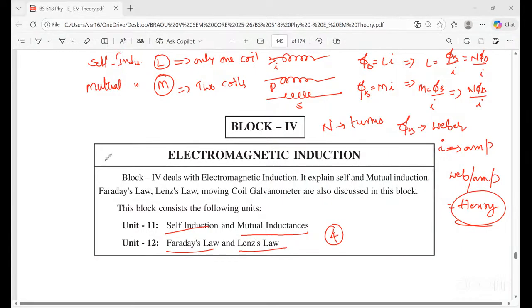And so that inductance may be measured in Henry, millihenry, 10 power minus 3 Henry, microhenry, like that. Okay.